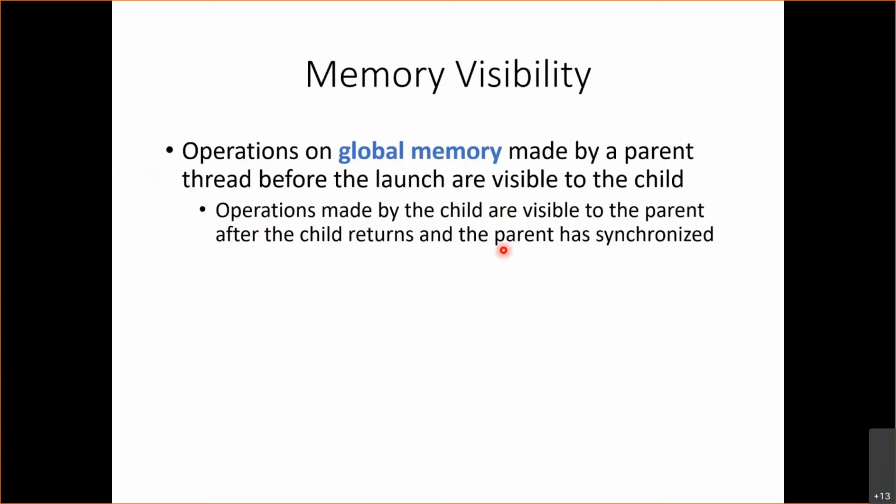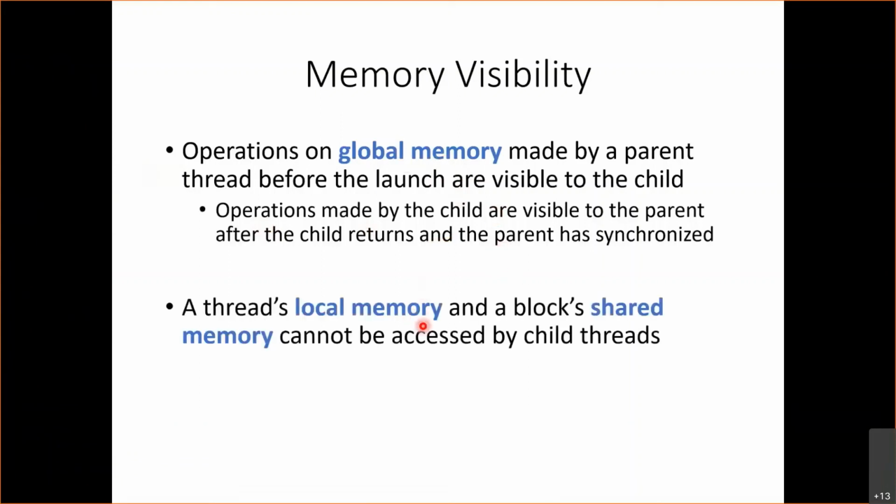Another thing to note is that a thread's local memory and a block's shared memory cannot be accessed by a child thread. So a thread that uses dynamic parallelism to call another grid should not pass a pointer to shared memory to its child threads. Why not? They might not run on the same SM. Exactly.